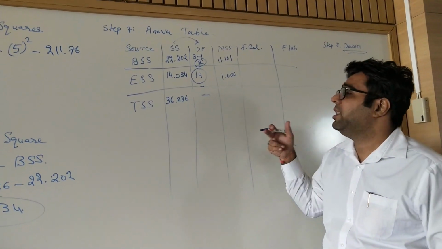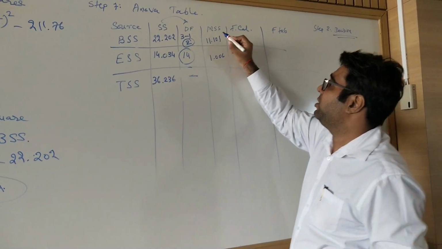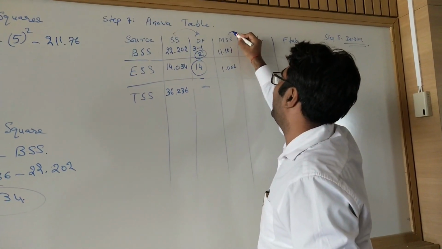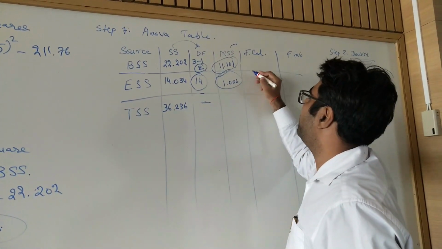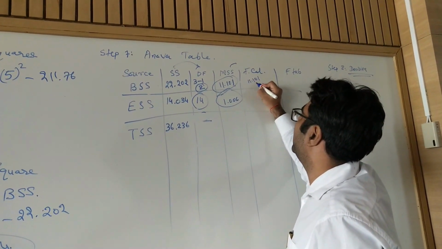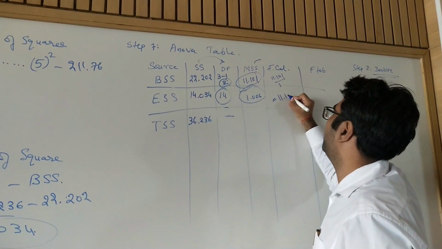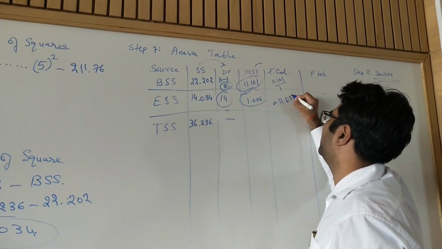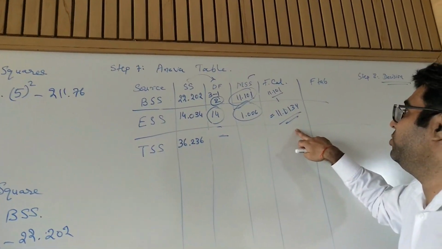Now for the F calculation, we again divide this value by this value. 11.101 divided by 1.006, so my F calculation would be somewhere near 11.034. So this is my F calculated value.